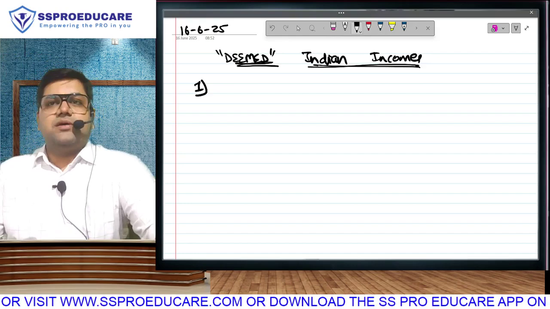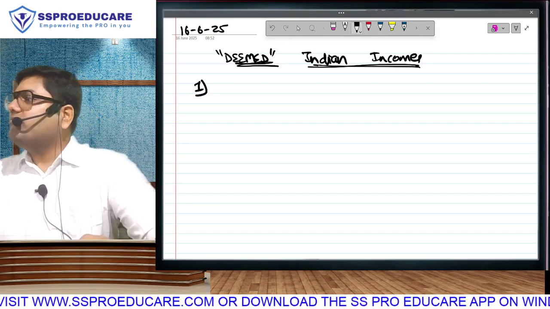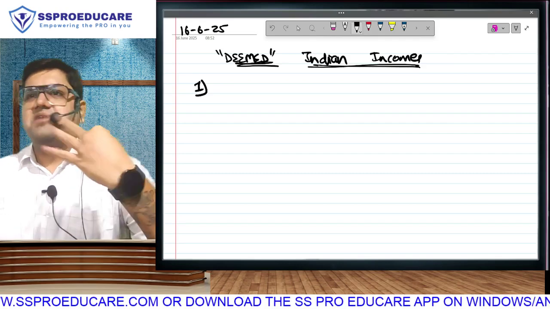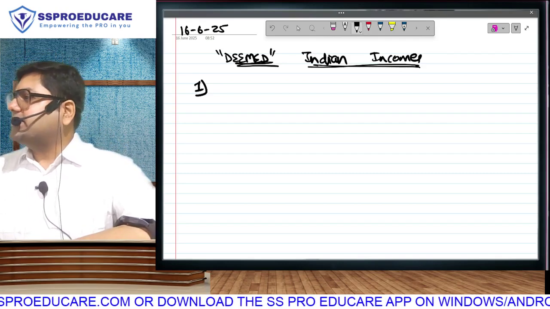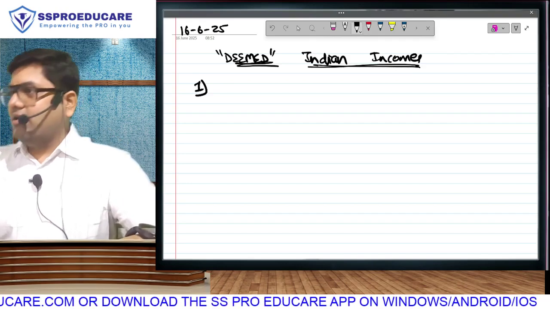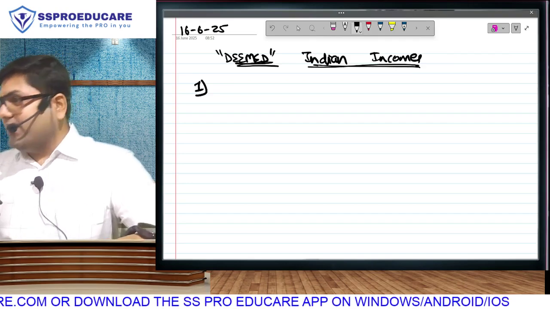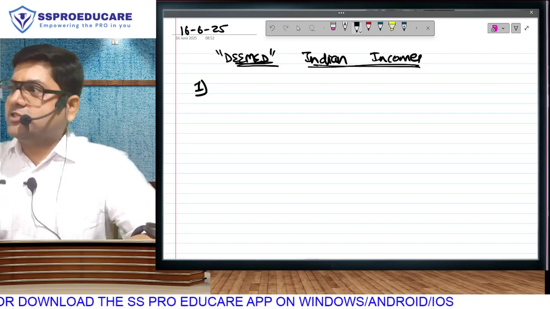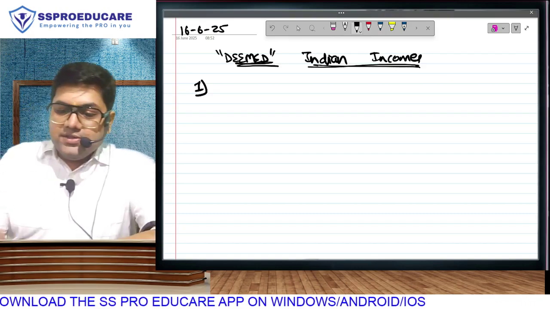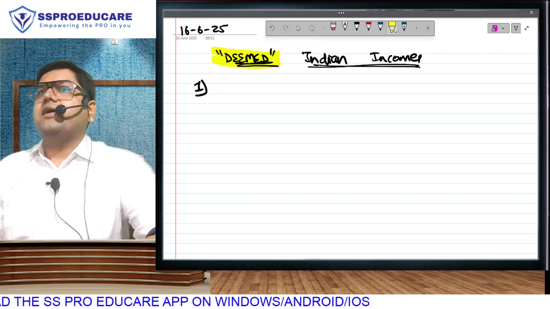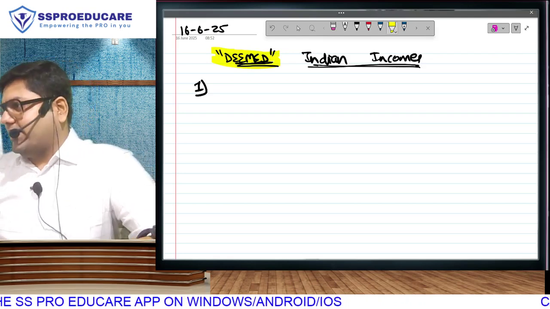Now then, we have some incomes where you have not done anything in India. Work done outside. Payment received outside. See, if work done is in India or payment received is in India, we don't have to deem that income as Indian income. It is already Indian income. These are those incomes where your activities were done outside India, but because of some Indian connection.